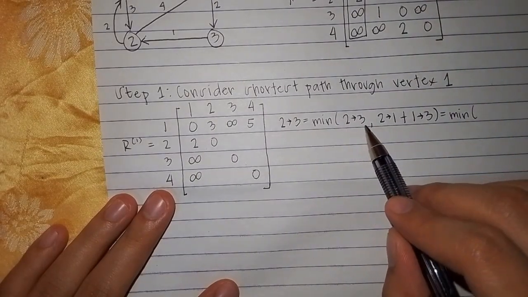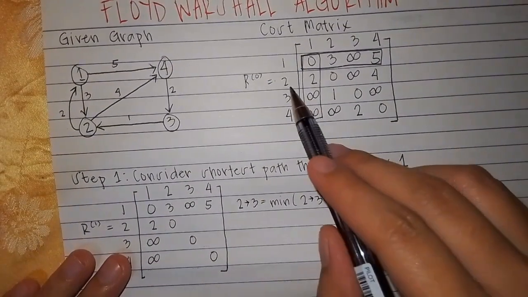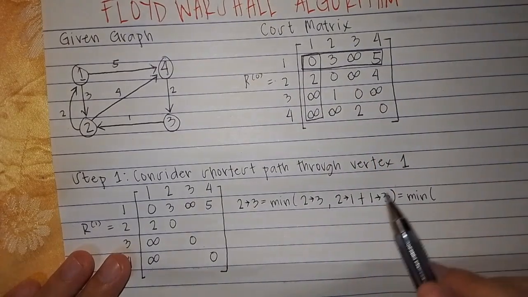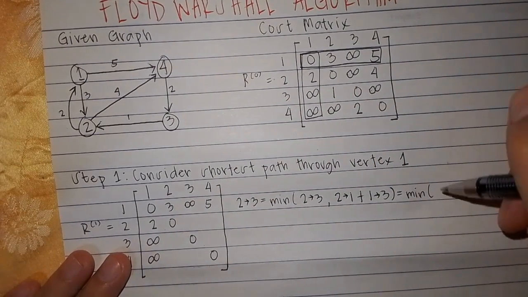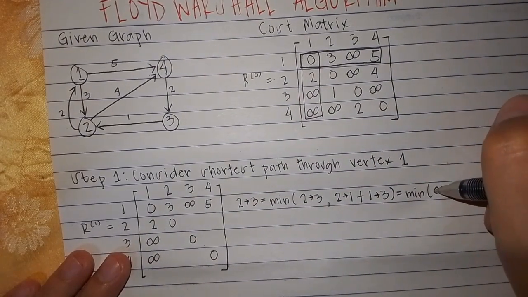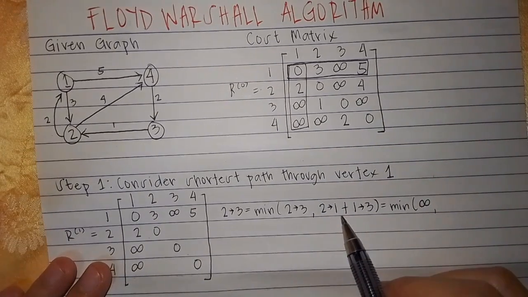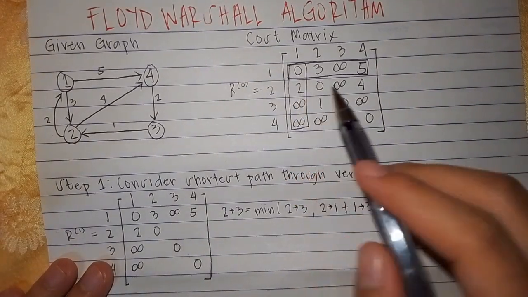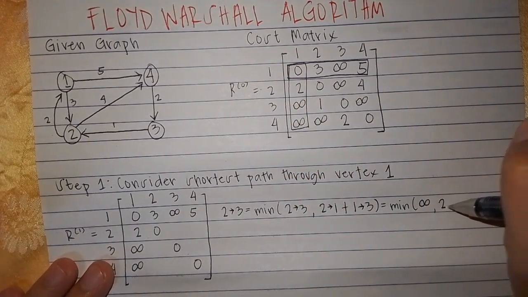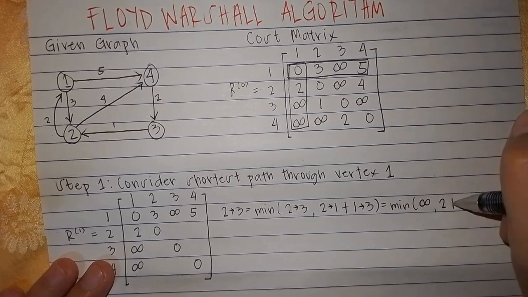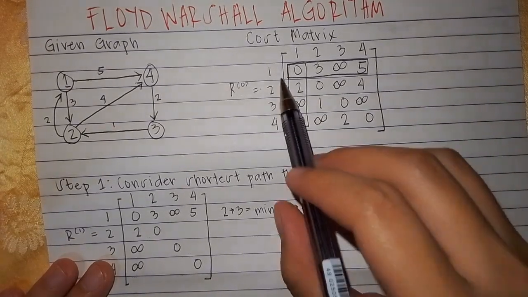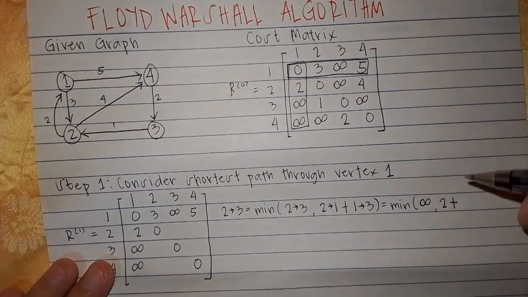So 2 to 3, as we can see in the cost matrix R of 0, is infinite. So we will put infinite. And next is 2 to 1. As you can see, 2 to 1, the distance is 2, plus 1 to 3, the distance is infinite.